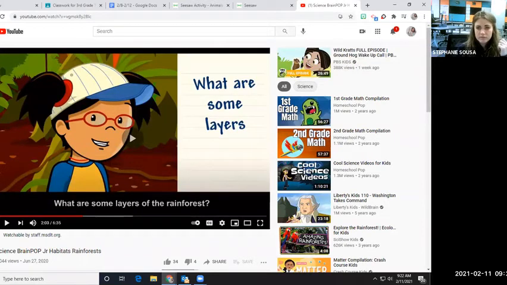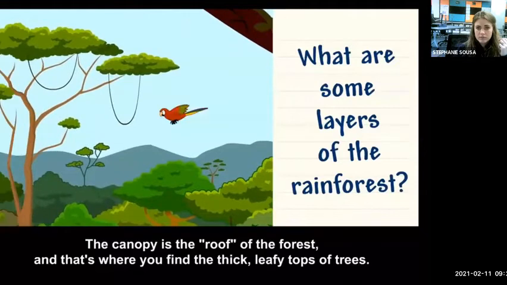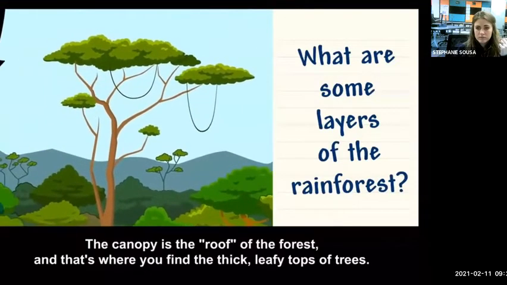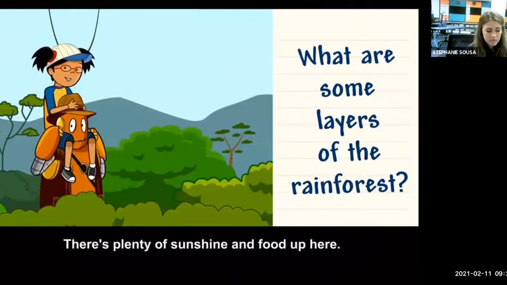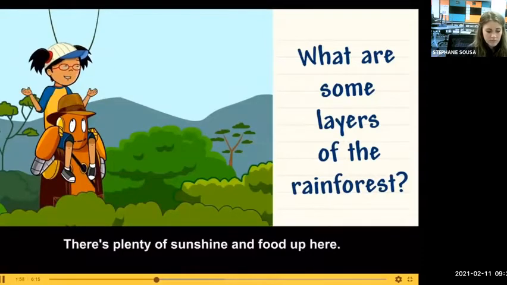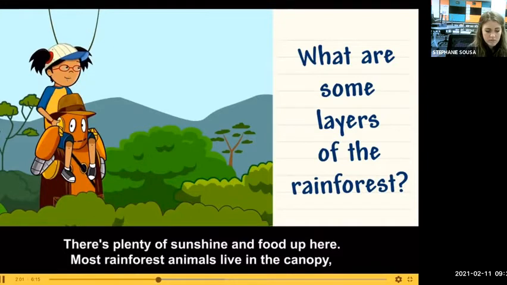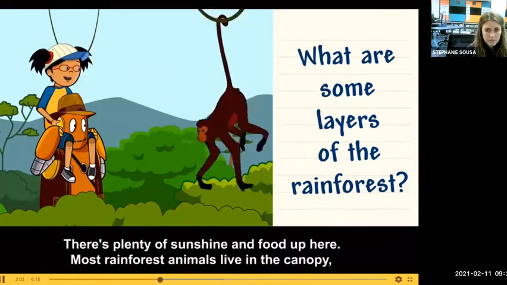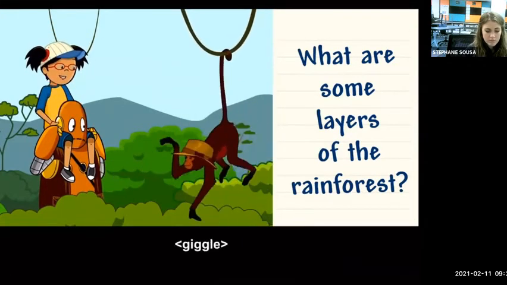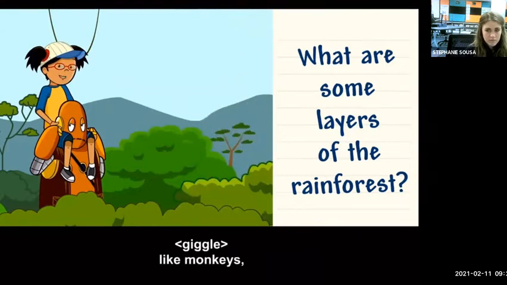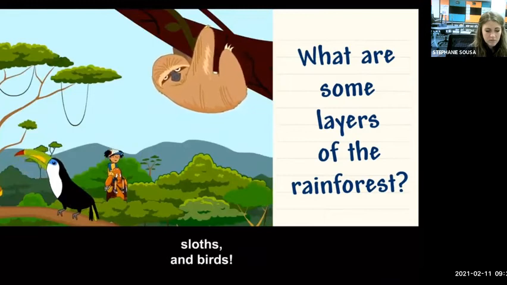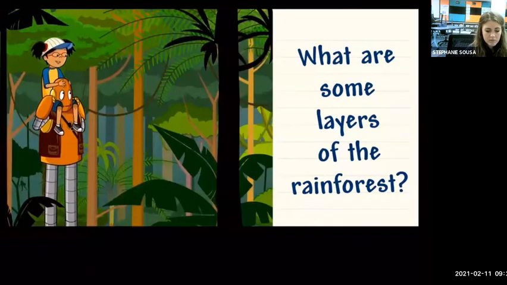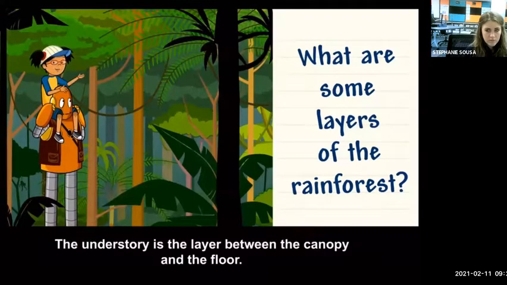The canopy is the roof of the forest, and that's where you find the thick, leafy tops of trees. There's plenty of sunshine and food up here. Most rainforest animals live in the canopy. Like monkeys, sloths, and birds. The understory is the layer between the canopy and the floor.